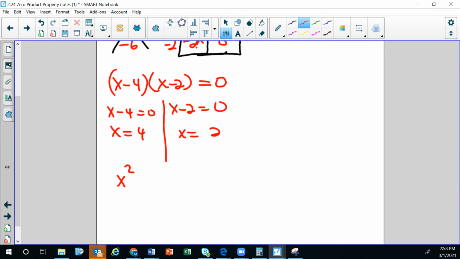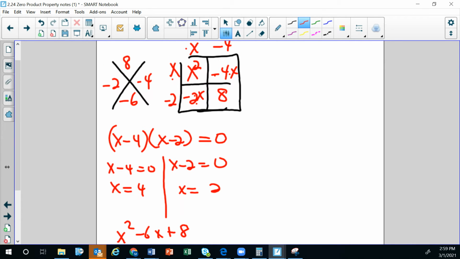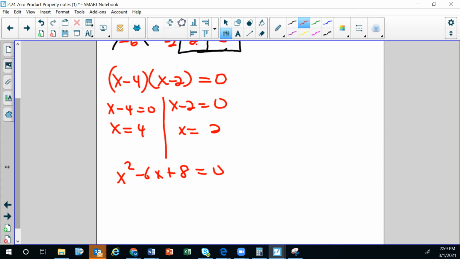Because I'm saying x equals 4 is a solution, if I substitute x equals 4 or x equals 2 into this equation, I should get 0 on both sides. So let's try that. When x equals 4, I'm going to get 4 squared minus 6 times 4 plus 8. And that should equal 0, right?